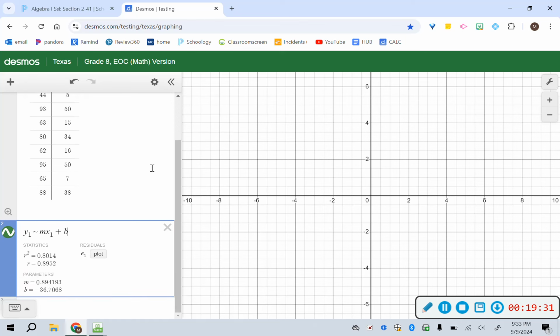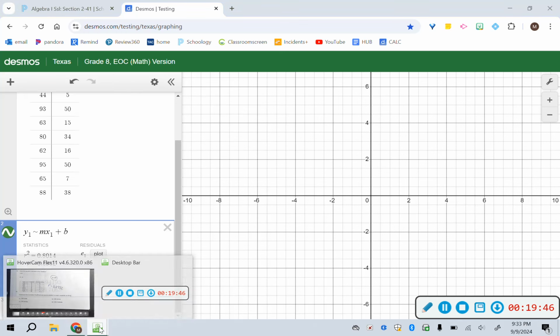Okay. So I know that r equals 0.8952. So we're never looking at r squared, we're only looking at r. Okay, that's my correlation coefficient.